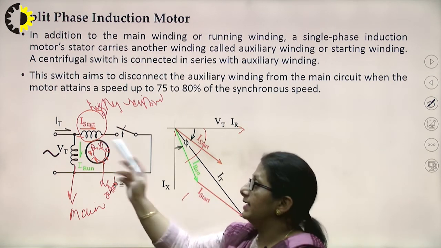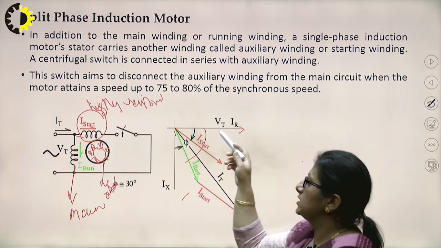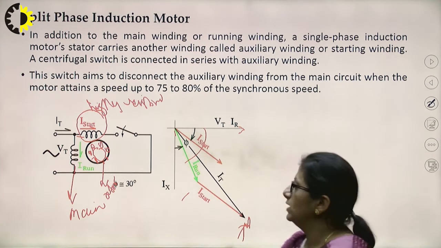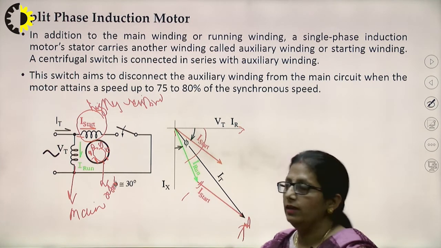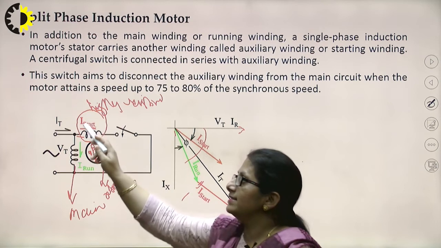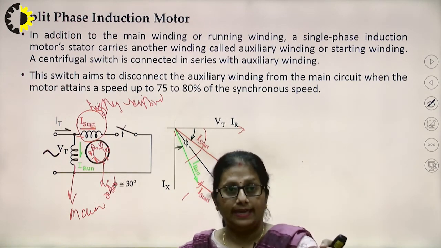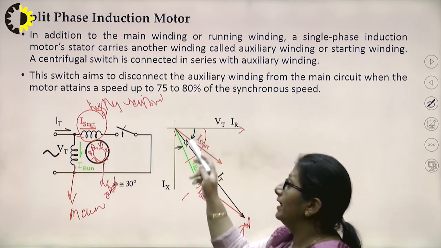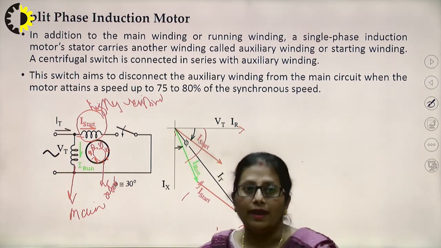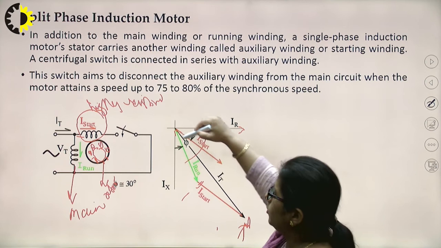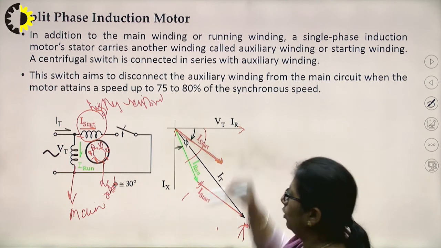Now, if I plot this, this is Vt, the supply voltage, and the running current, right? But now I start, that is the current flowing in the auxiliary winding. This is highly resistive, so this current will not be lagging the voltage by much of an angle. It will be almost in phase or lagging by a small amount.